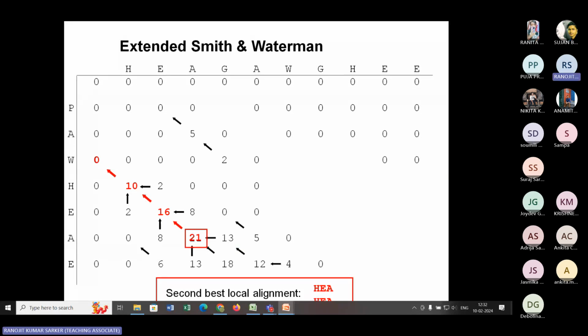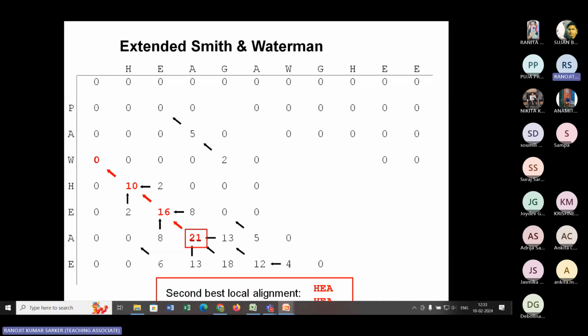Now, if you can find that these two sequences have similarity with respect to their function, you can conclude that these two regions might be the key region for functional similarity, and the wet lab option is open for you to prove that.